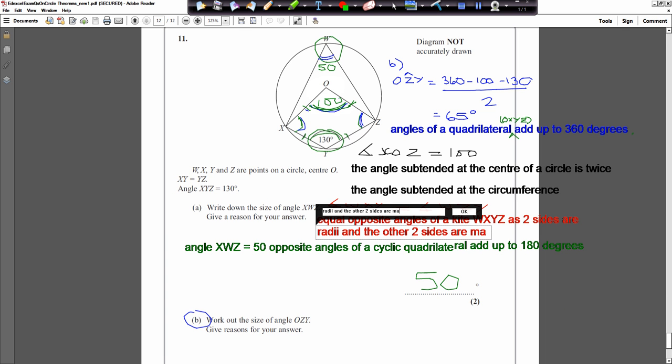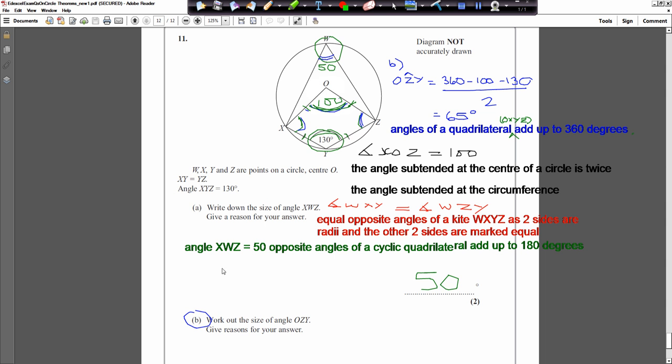So what does it mean already? Radii. That's a radius, so it's plural. That's it. And that will give us a full mark for that.